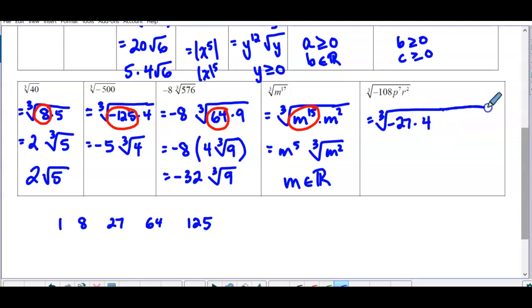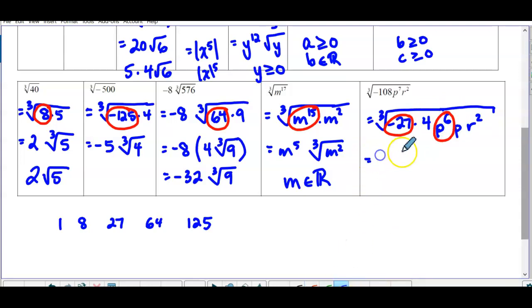Then my variables, so 7 is not a multiple of 3. Next lower is 6. So p to the 6 times p. And then r squared I can't do anything with. It's already lower than 3. All right, so then my perfect cubes are there and there.